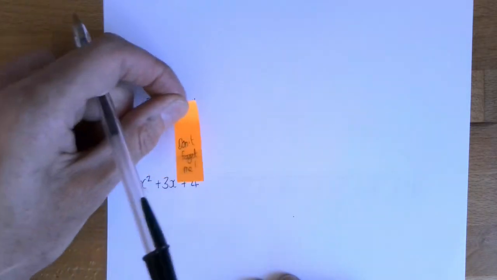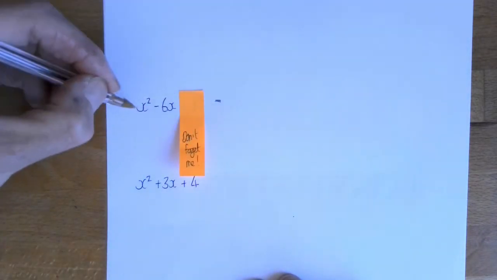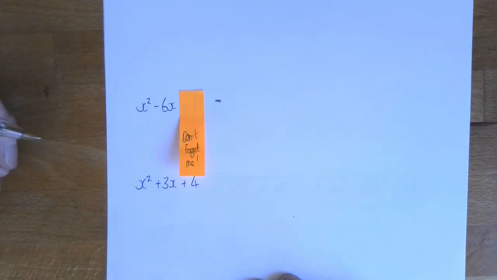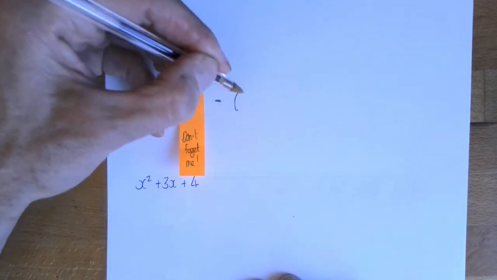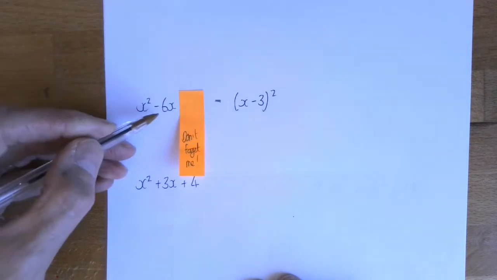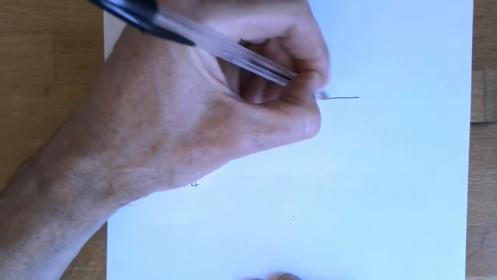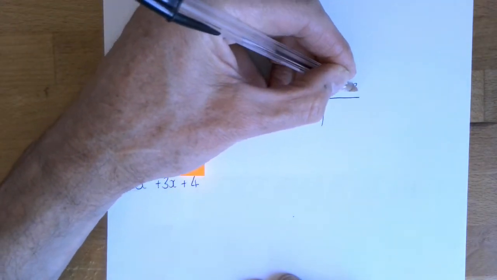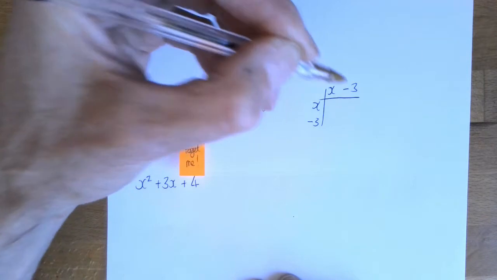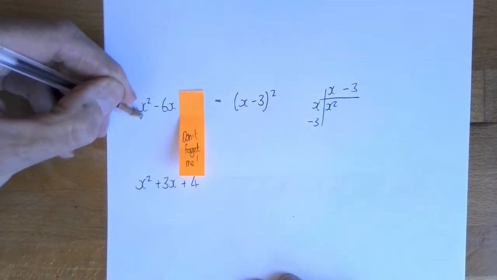Okay, so with the first one, there's my little tab again, going to ignore that. So to get x squared minus 6x, I need x minus 3. It's always half the number of x's. And, you know, I'm sure you won't need to do this for very much longer, if at all. But if I was to grid that out, I'd get my x squared, tick.